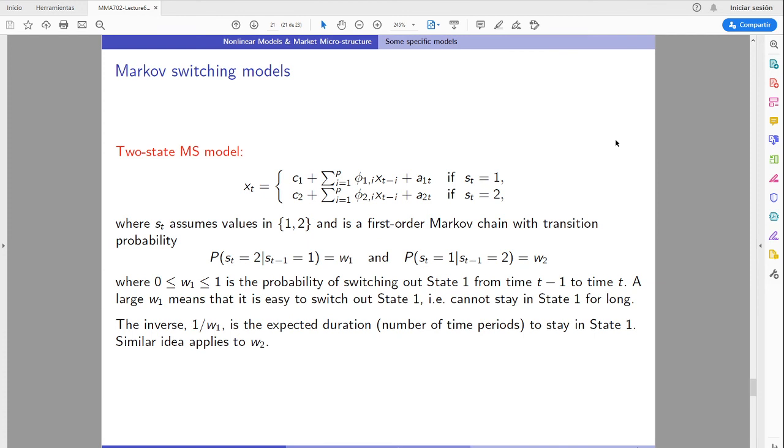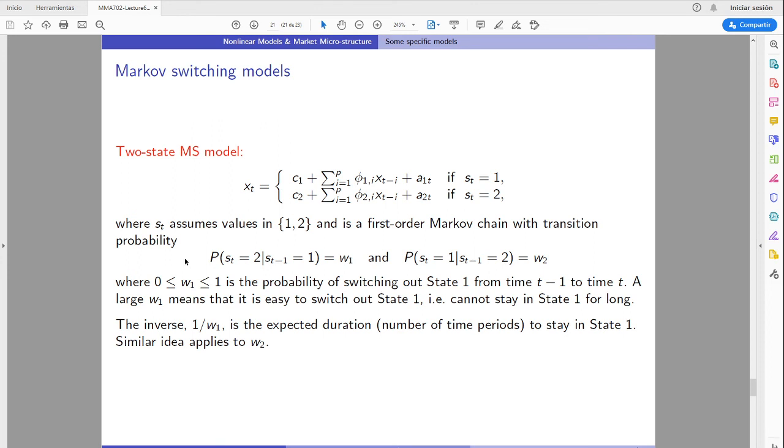Now, for a different one, we have Markov switching models. It's a two-state MS model. MS is for Markov switching. It is mostly a different type of threshold model, but here the threshold realization is actually a first order Markov chain, where the transition probabilities are like this.